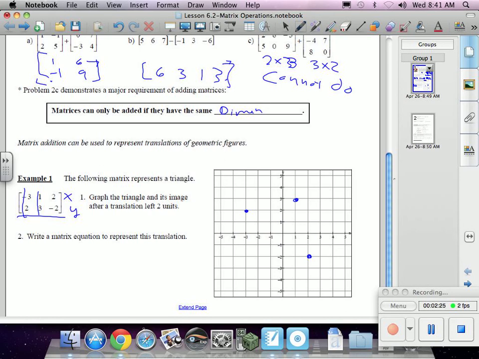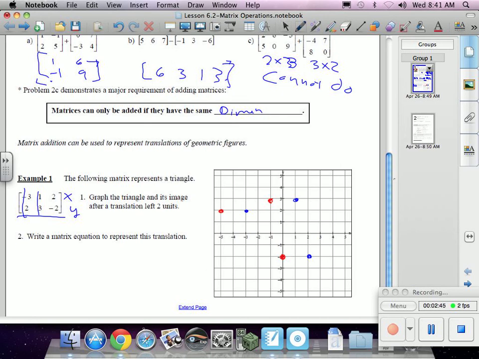Let's graph the triangle and its image after a translation left 2 units. So that means everything would move over here, right? Okay. Left 2 units. Write a matrix equation to represent this translation.